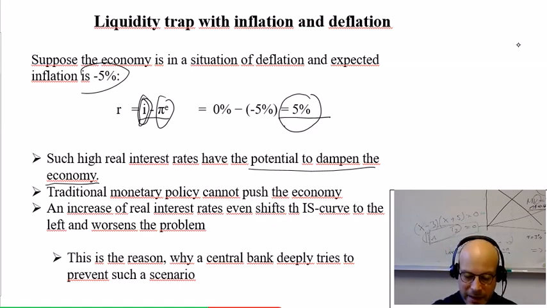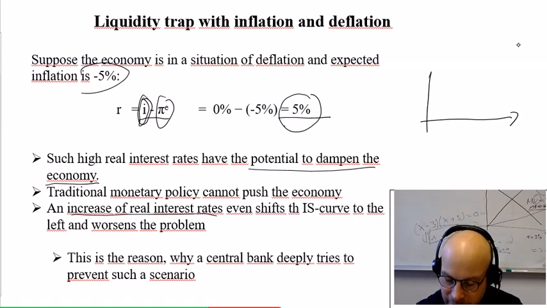And we have to admit that an increase of real interest rates would then even also shift the IS curve in the medium term to the left. And this, I and Y, IS, LM.